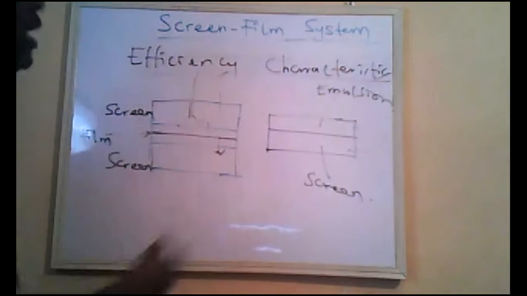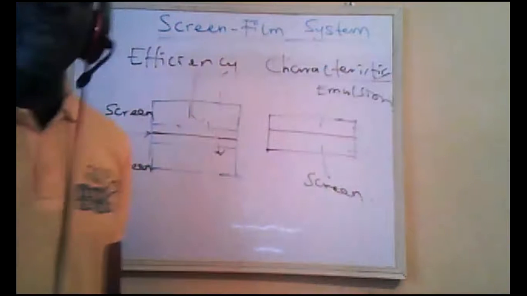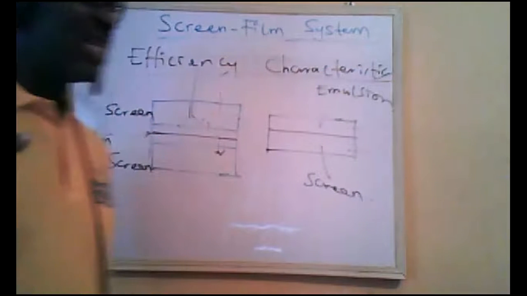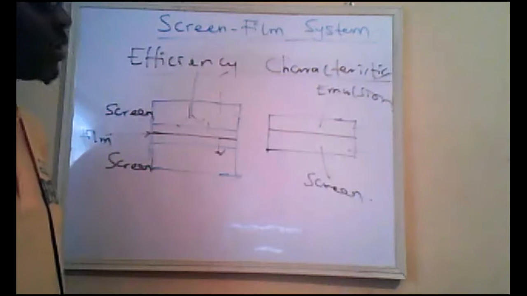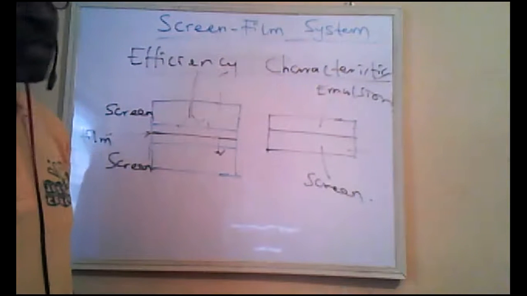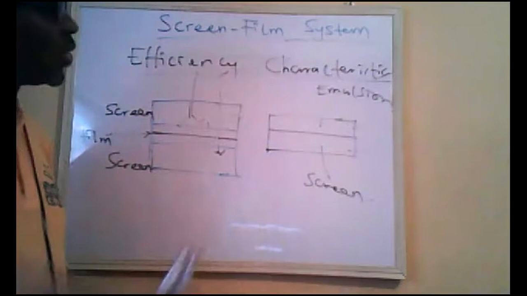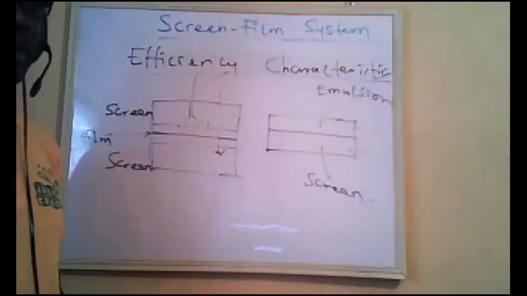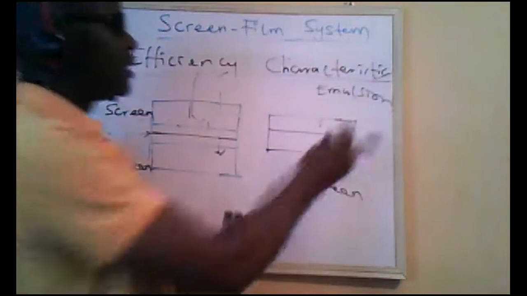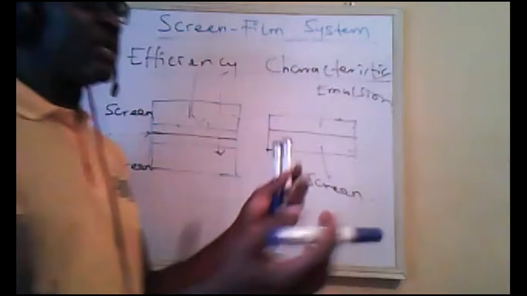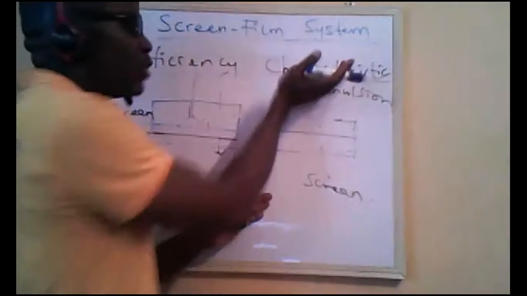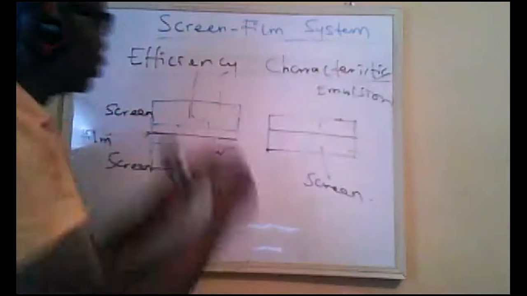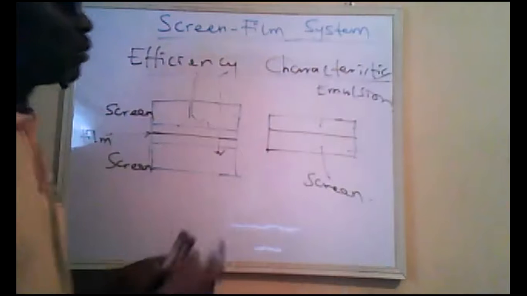But in mammography, we need a very high grade film screen system. Not just high grade: we need one screen and one emulsion layer. The configuration is that the screen is placed down while the emulsion is placed up, not the other way around. Why?